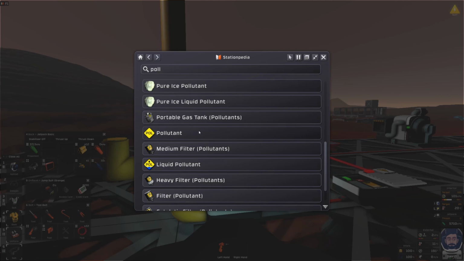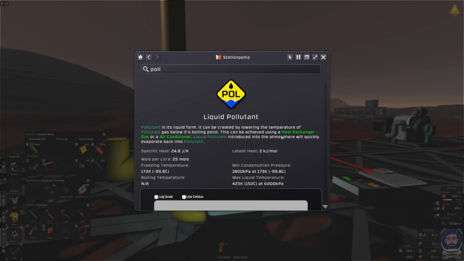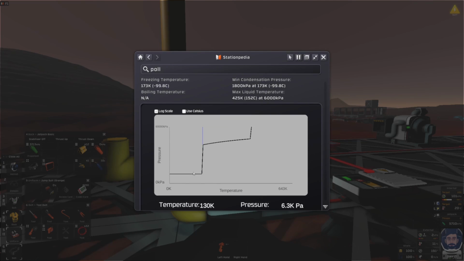You will have entries in Stationpedia for the gas and liquid version of this element. However, both will show you the same phase diagram.